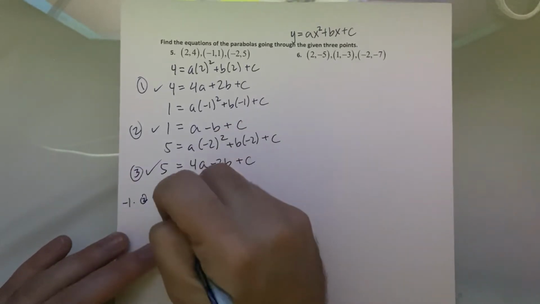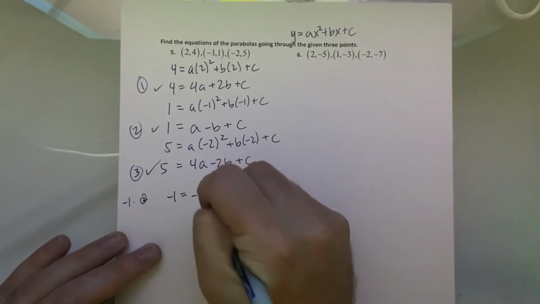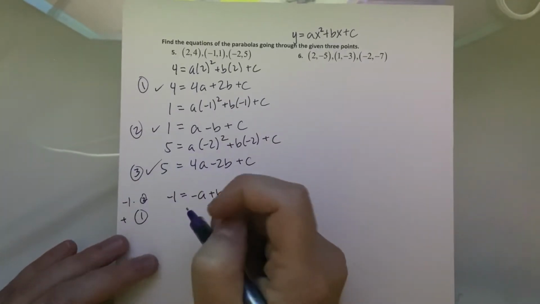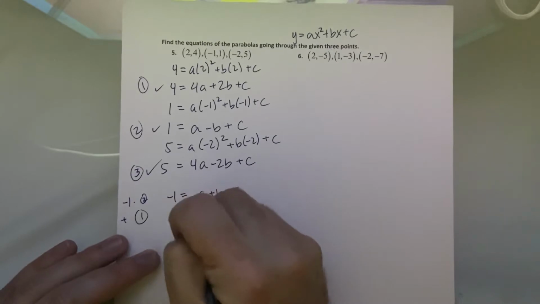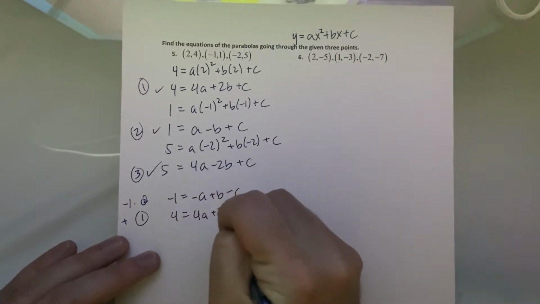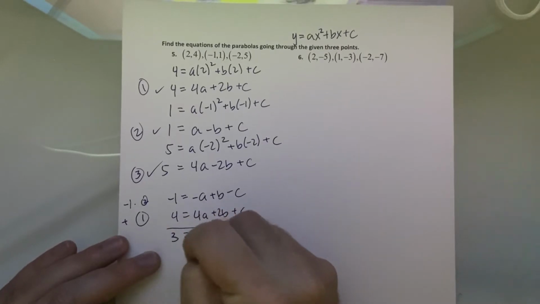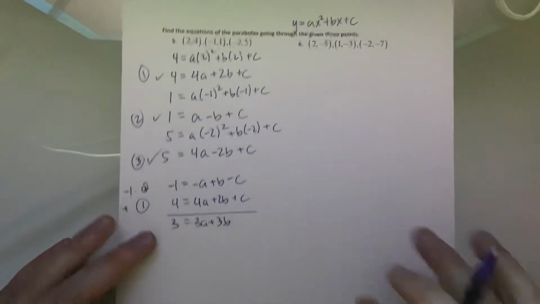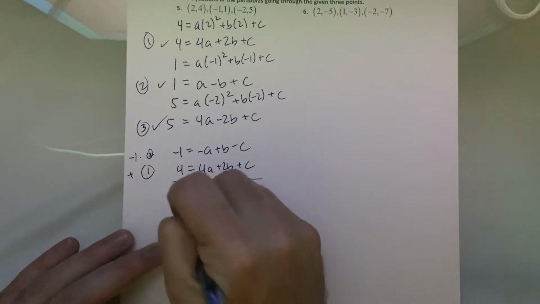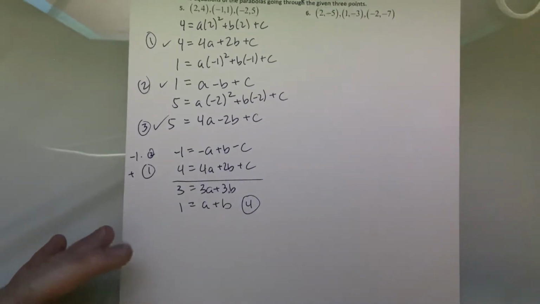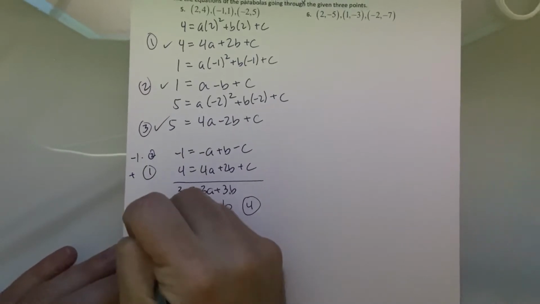That would be -1 equals -a plus b minus c, and add it to 1, which is 4 equals 4a plus 2b plus c, to get 3 equals 3a plus 3b, which reduces to 1 equals a plus b, which I'll call 4.